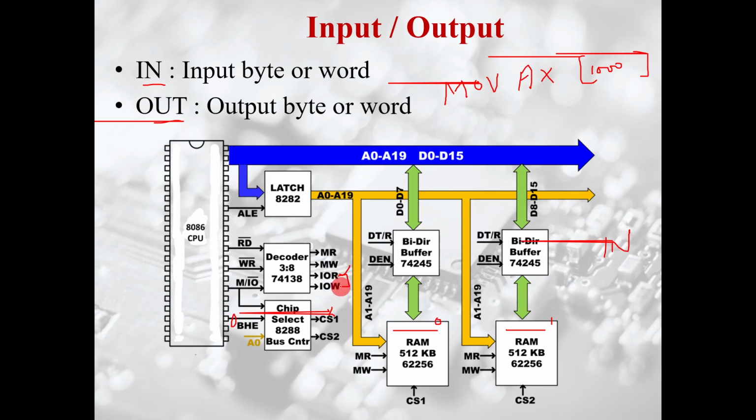So these signals will go and activate some port. There will be an address decoder for the port also. From these address lines, it will select the corresponding port, and that port will get connected to the data lines. So that's how this works.